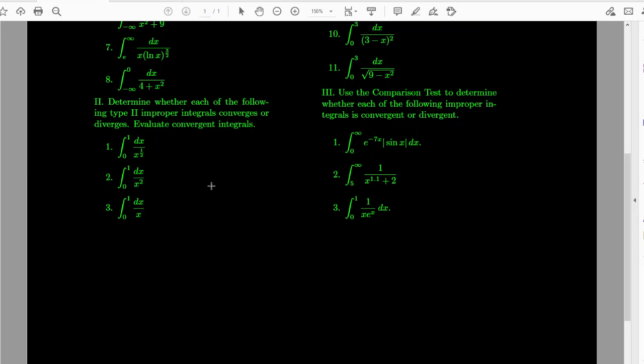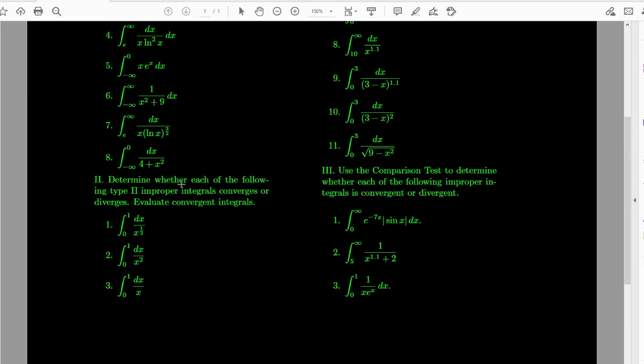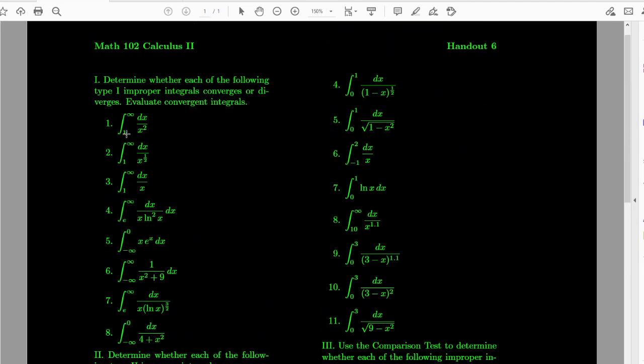Let's recall I summarized the type 1 P integrals before, right? Now you look at question 1. That's a typical type 1 P integral in which the value of P is 2. This one is convergent. Now look at question 2. In question 2, you have a typical type 1 improper integral in which the value of P is 1/2.